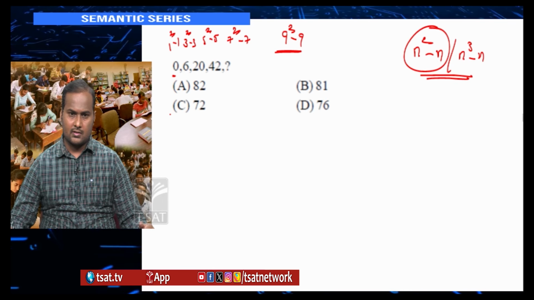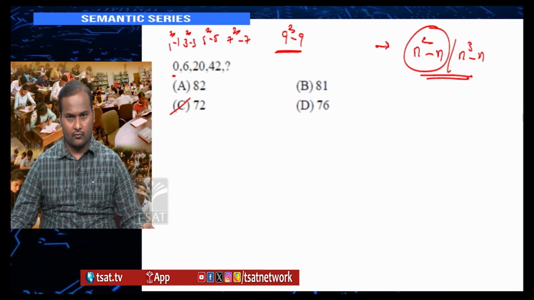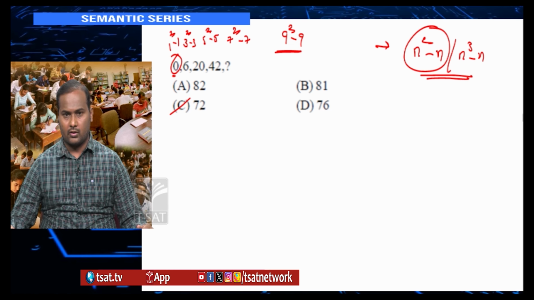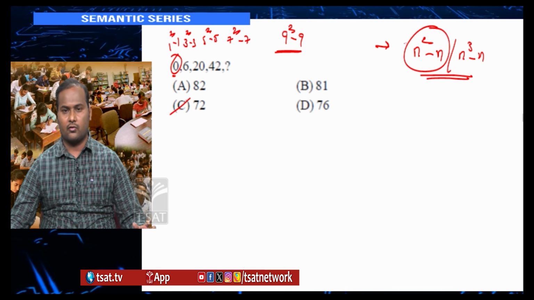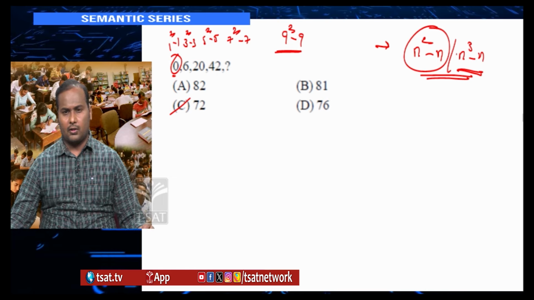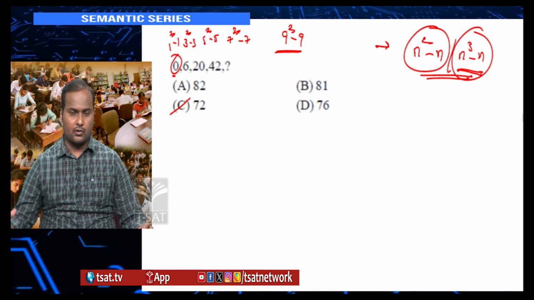So, answer is 72. So, the format here is n square minus n. I already said that the clue is the first one, 0. The moment you recognize 0, the first thing that should come to your mind is that the format is either n square minus n or n cube minus n. But the thing is, in n cube minus n, the difference will be very big numbers because they are cubes.